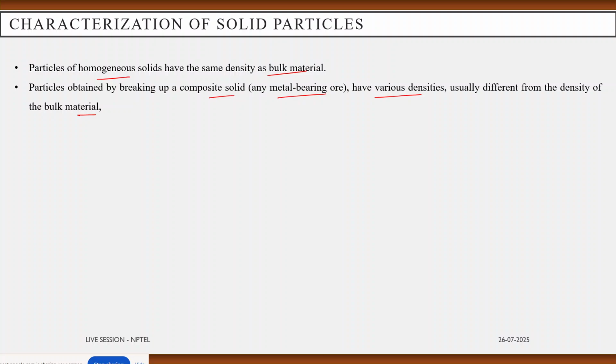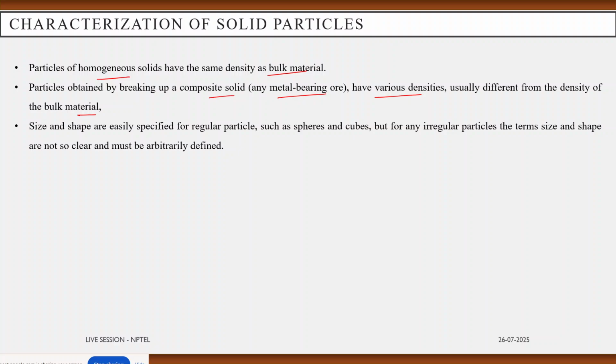So we need to understand and evaluate the actual case where the particles are being considered as different, broken-up solids, not as a bulk amount. As particles, we can characterize those solids. The size and shape are easily specified for regular particles, such as a sphere or cube, which are very common to use.